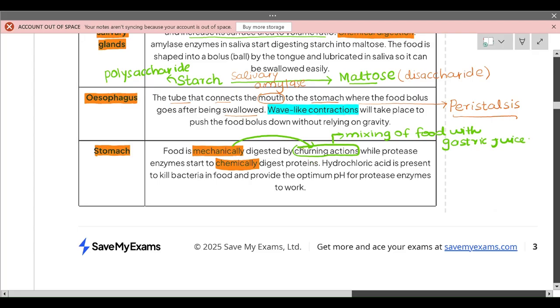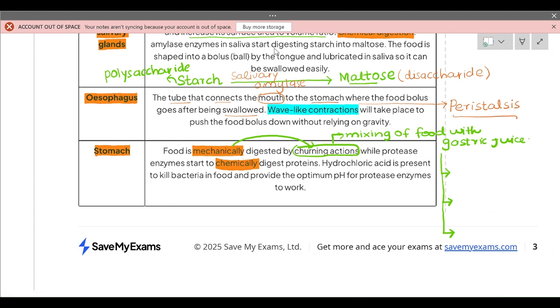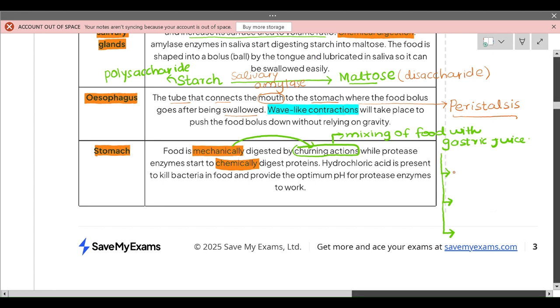Let's talk about the chemical digestion now. Before moving towards it, as we discussed yesterday, we need to understand what is actually present in your gastric juice. Can you please answer, what are the three substances present in your gastric juice? Yes, hydrochloric acid is present there.